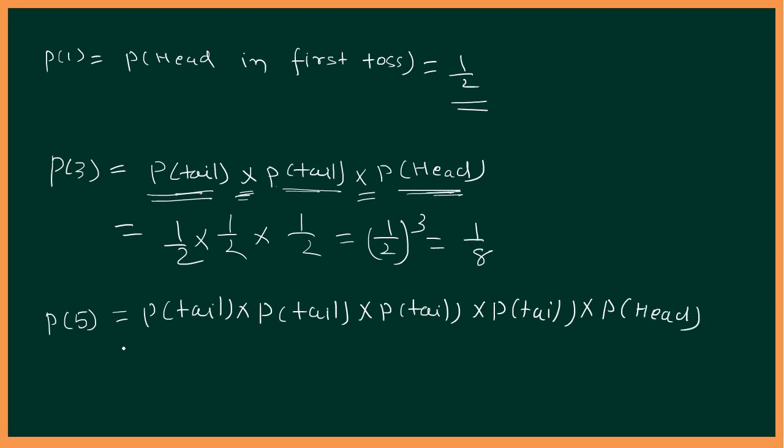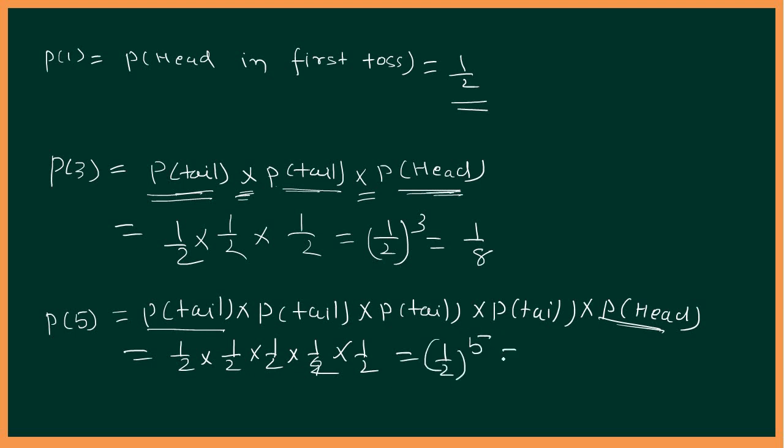The probability of getting tail in the first attempt is 1 by 2, second attempt 1 by 2, third attempt 1 by 2, fourth attempt 1 by 2, and the fifth attempt probability of getting head is also 1 by 2. So you can write it as 1 by 2 to the power 5, or 1 by 32.